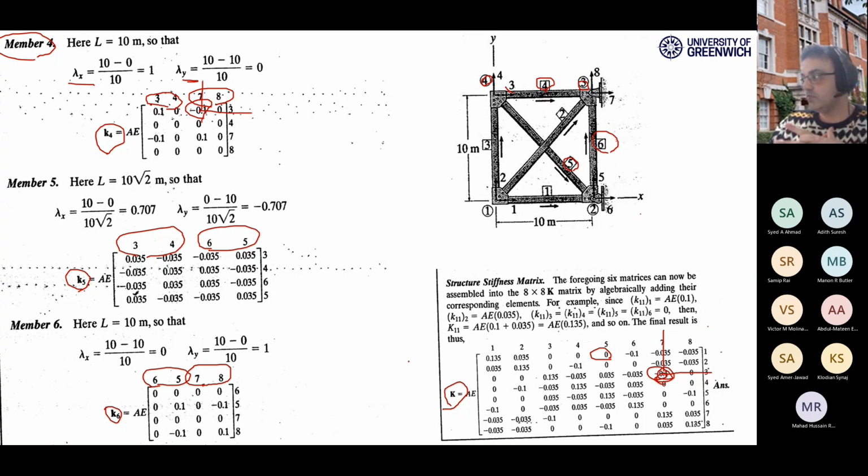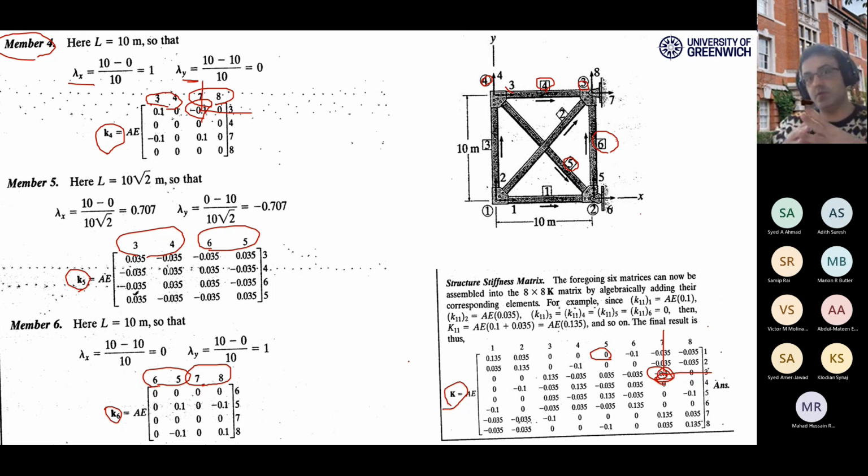So again, I recommend you use a kind of marking, like make a star with a pencil beside each number, and that means that you have already implemented it in the bigger matrix.